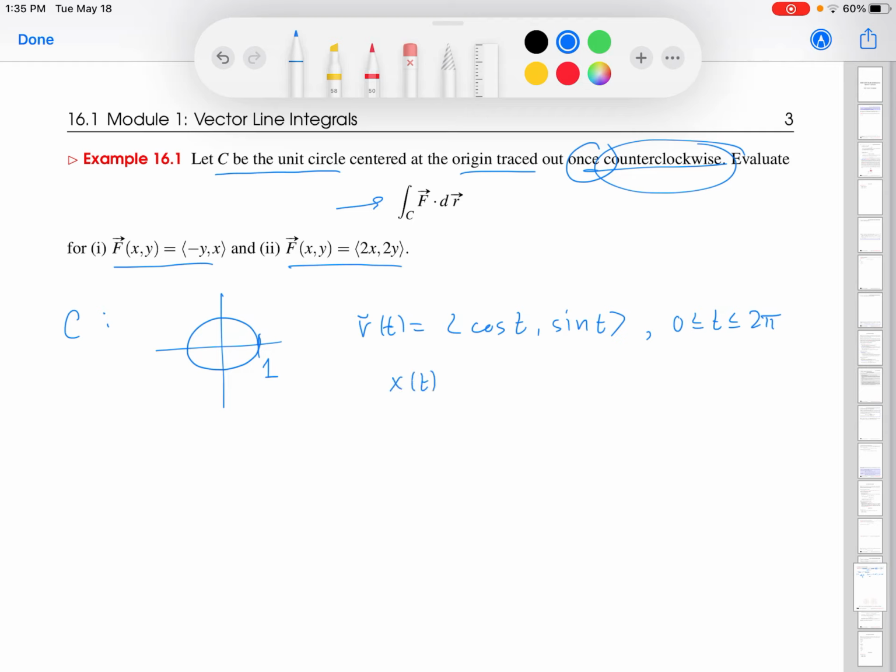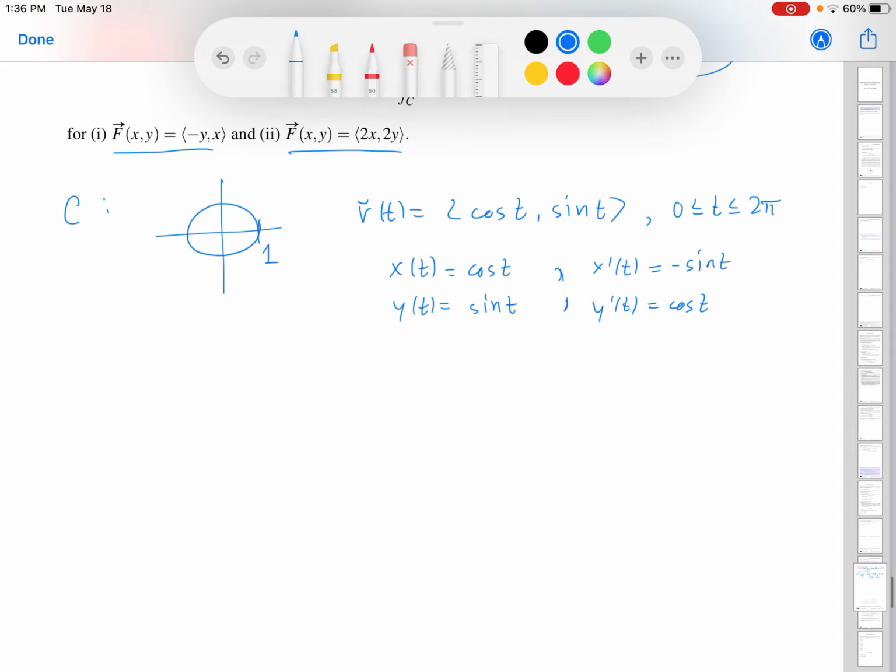Great, so extracting the x of t and the y of t from there, we get x is cosine and y is sine. And then I'm going to need the derivatives, so x prime is minus sine and y prime is cosine.